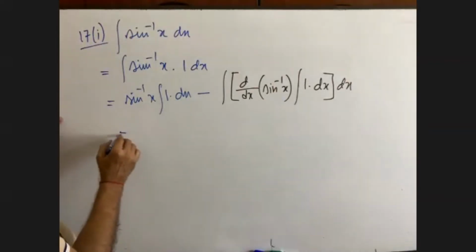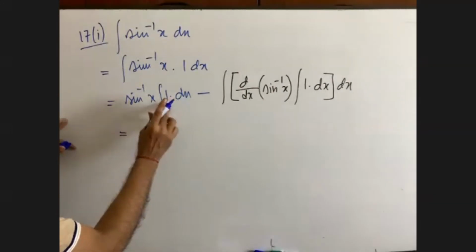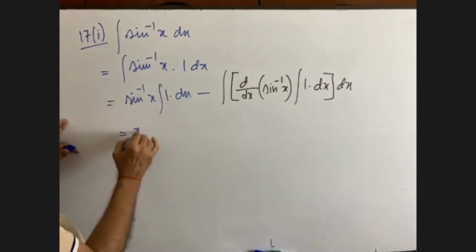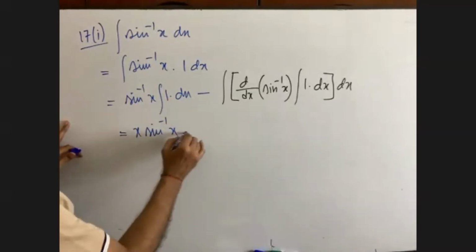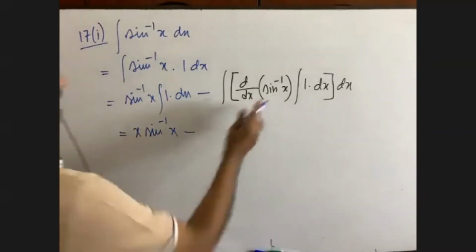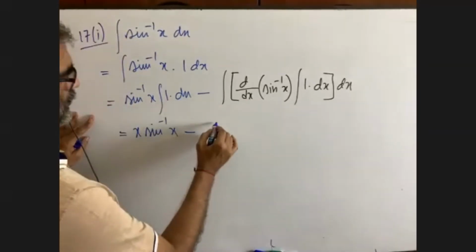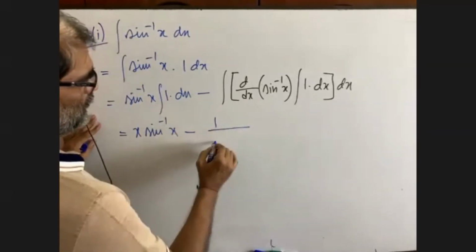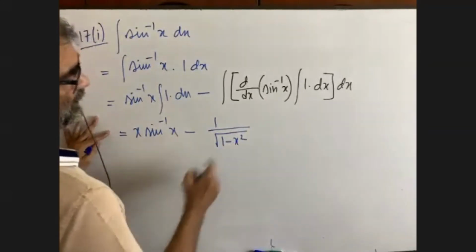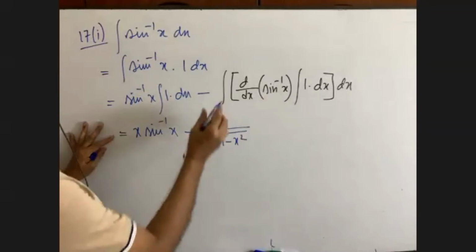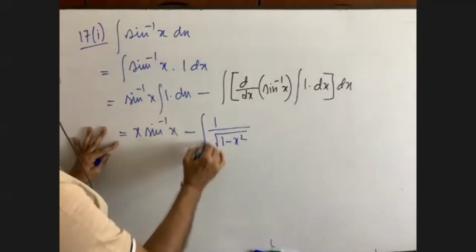So we are getting x sine inverse x minus. What is sine inverse x? Can you remember please? 1 by root over 1 minus x square, d by dx of sine inverse x. This is integration sign.